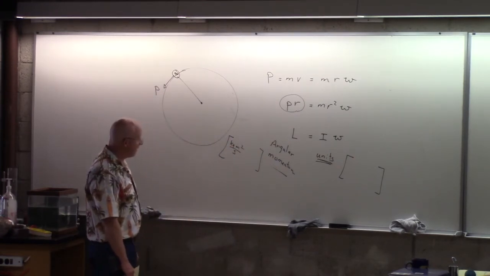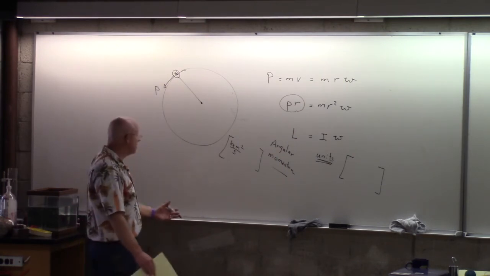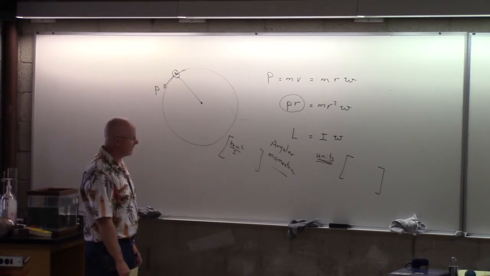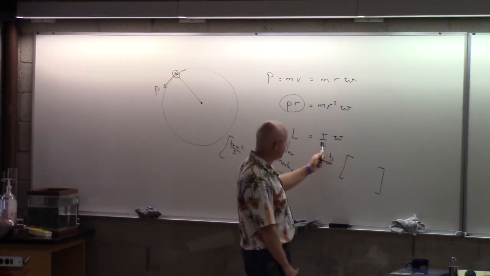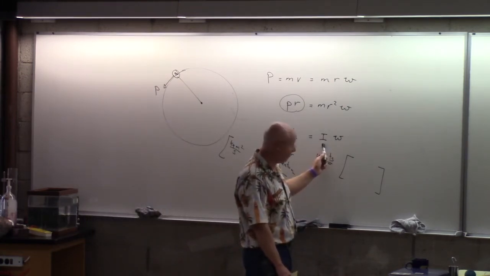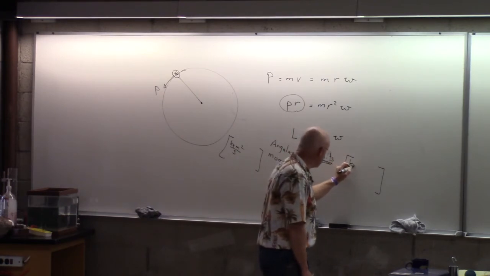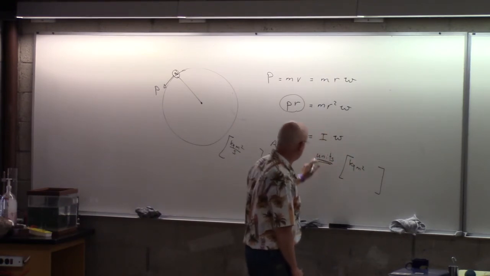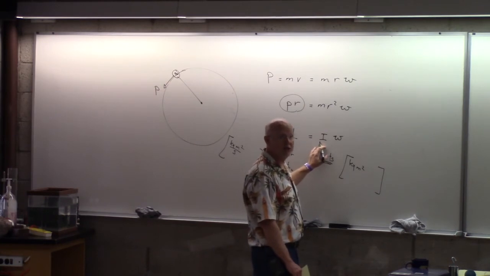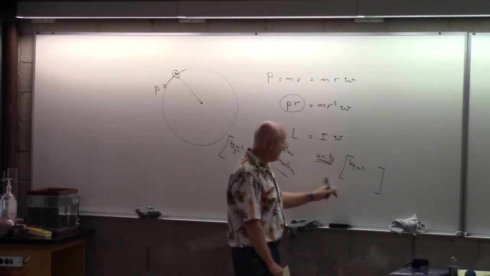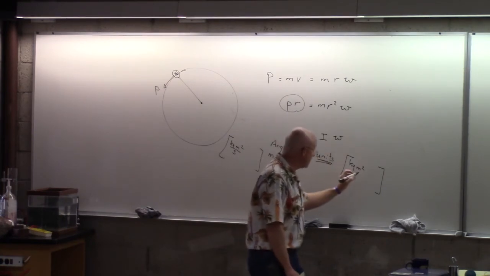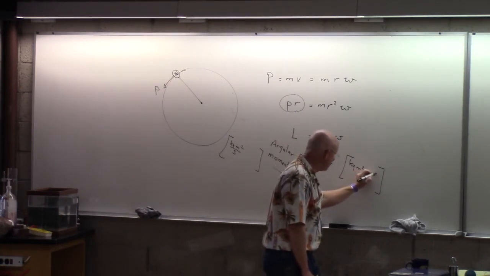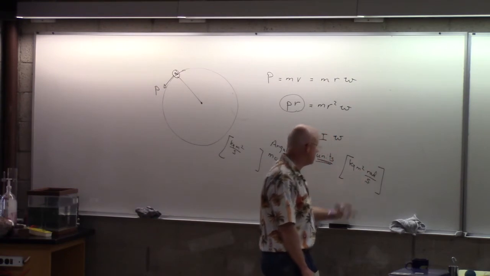And so kilogram meter squared over second is the units for angular momentum. I guess if we do it on the other side of the equation, this will give me a chance to remind you before the break. We said, what are the units for this new quantity called rotational inertia or moment of inertia? It's kilogram times meter squared. What is the units for angular speed? We said radians per second.